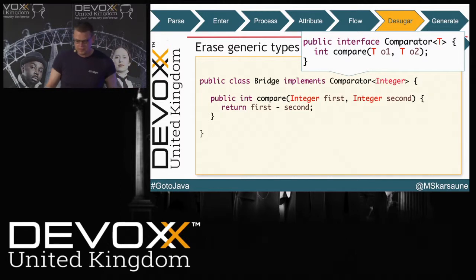So you should declare, perhaps a bit silly to create a comparator for integers, but if you wanted a comparator for integers, it should then have an integer type parameter, and your compare method would then have to be implemented with integer parameters.